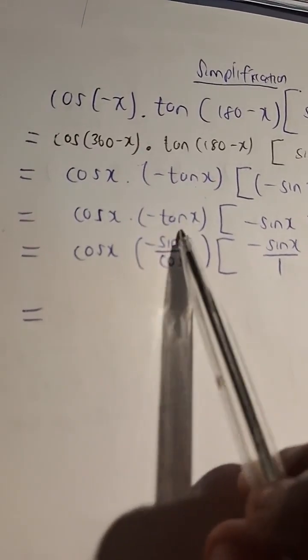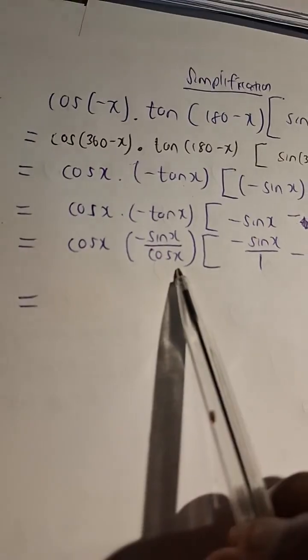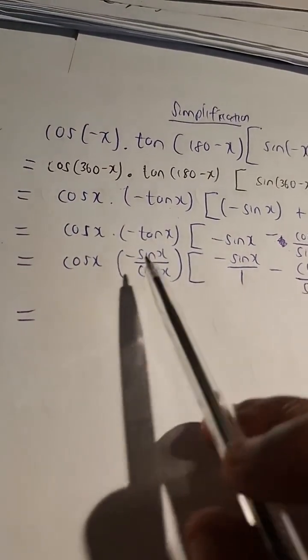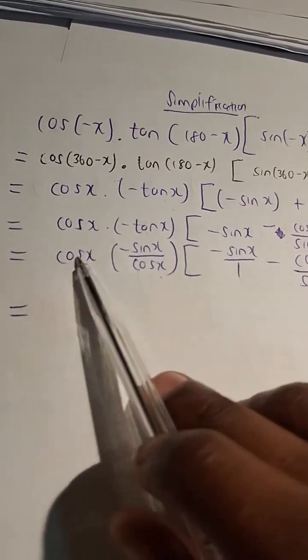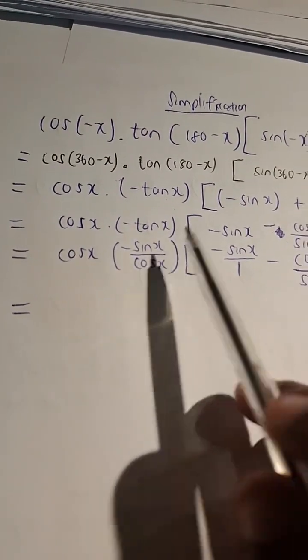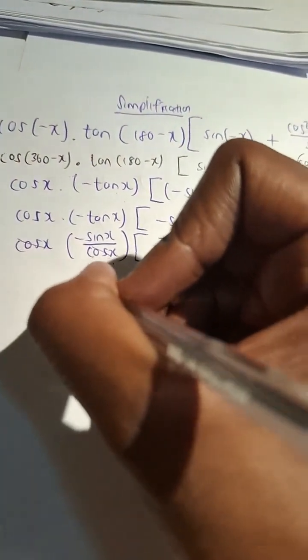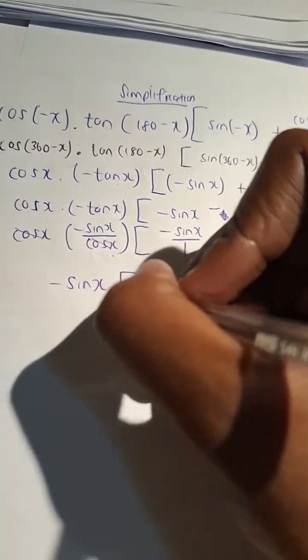So now I have tan x, which is an identity. I change it to the identity. That's another mark. And then I'm sure you can see simplification will happen between my multiplication of these two. In fact, let's do it. Cos x divided by cos x. Those two will cancel. I'm going to be left outside with negative sin x.